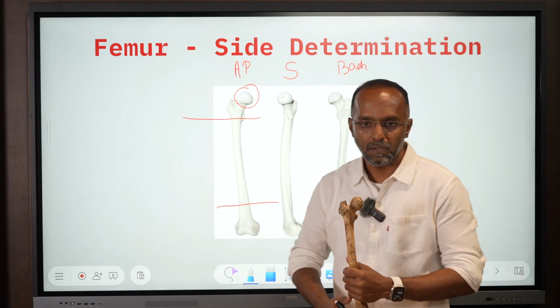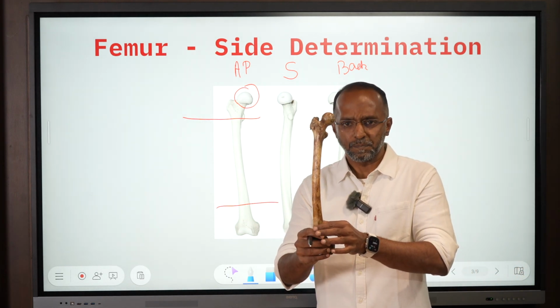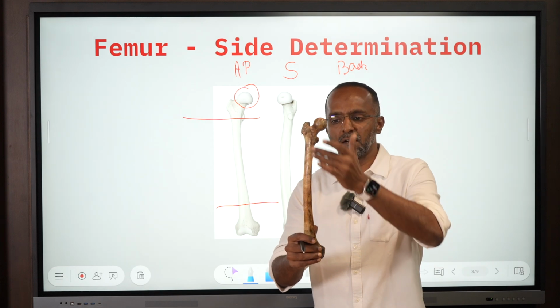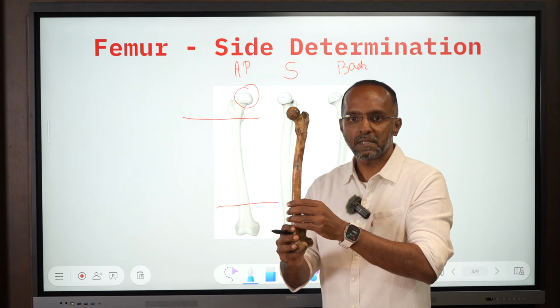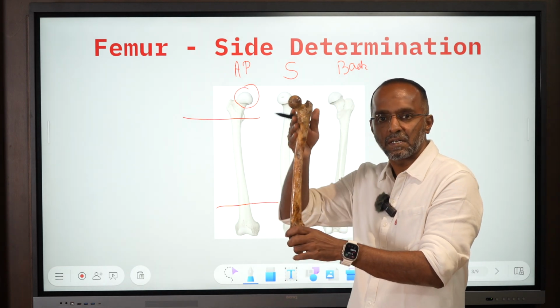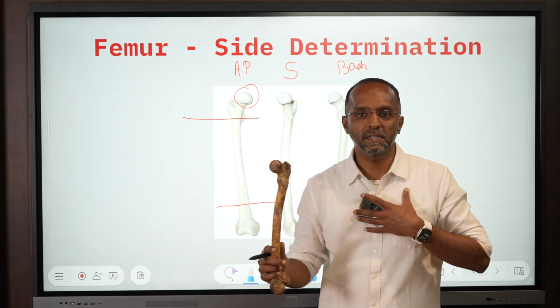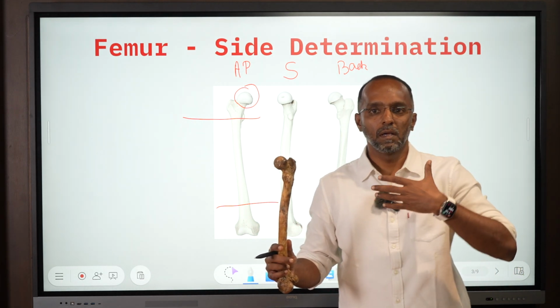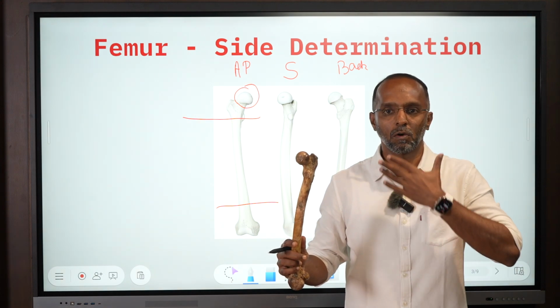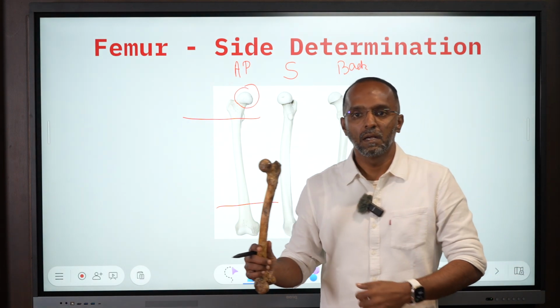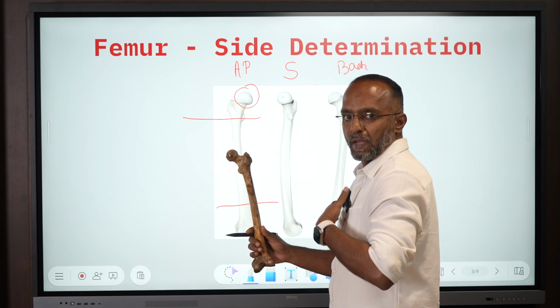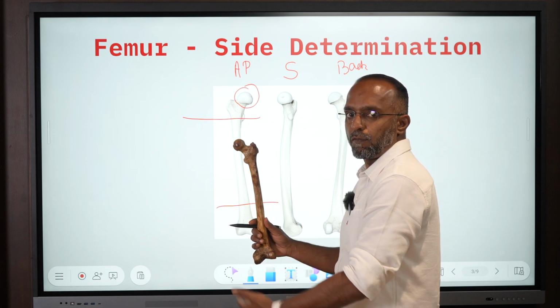Next, coming to the shaft. So this is the shaft. From the front, the shaft looks like a straight bone, whereas when you see from the side, the shaft is a curved bone, as seen here, like a bow. Imagine myself as the femur. This is my head of the femur, and from the front, my torso or the shaft looks straight. But when I turn to the side, we have our belly, which is facing forwards.